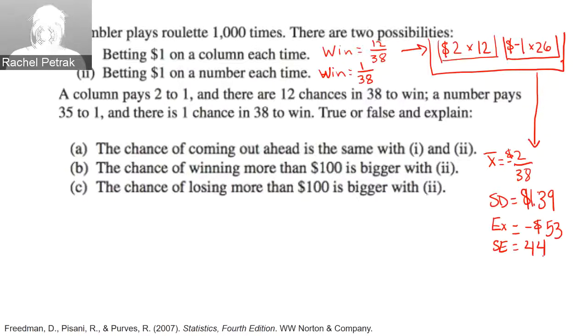The net gain has the same expected value, but the standard error will be, for the second box, $182. And it's not surprising that the standard error is so much bigger here because the standard deviation is much bigger.